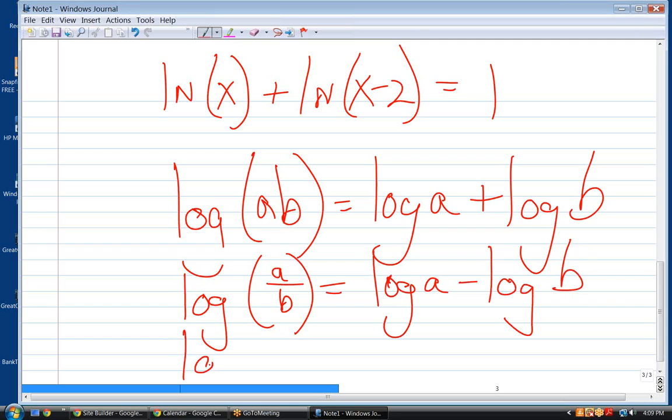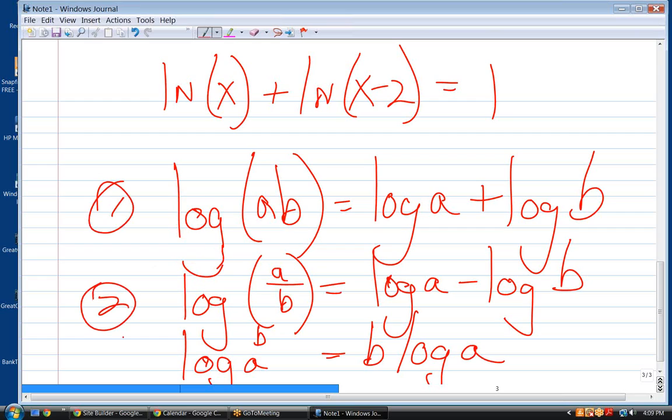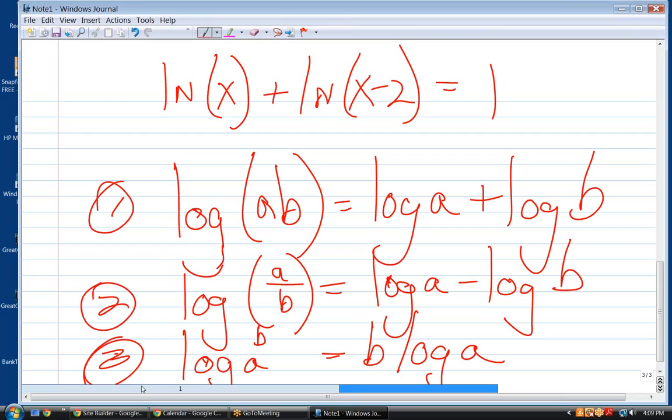And if I take the log of a number raised to a power, it's the same as that power times the log. Let's number these rules, because these rules are huge in doing most anything with logs.